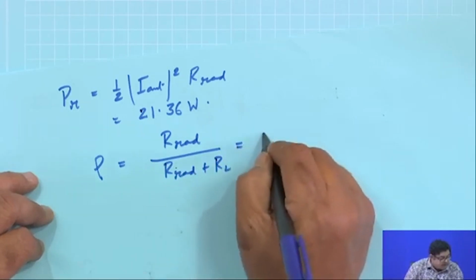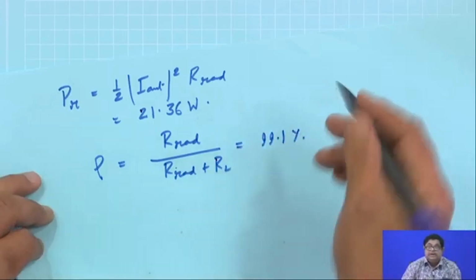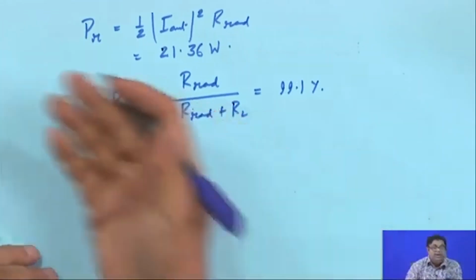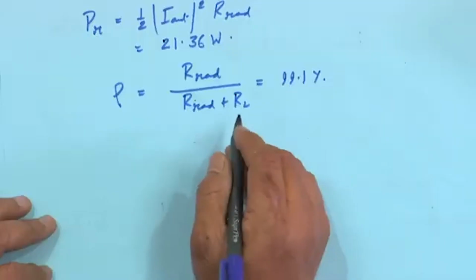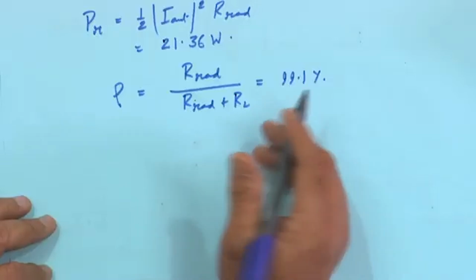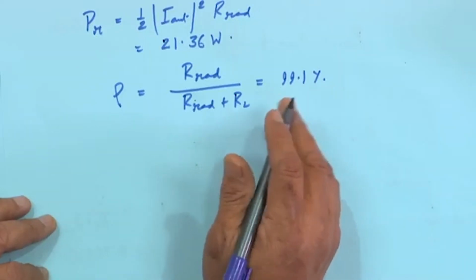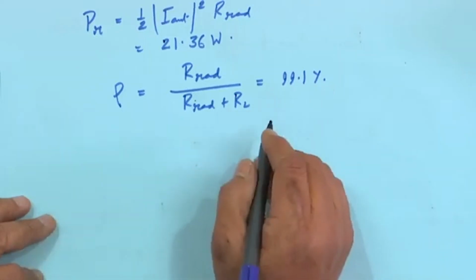So, that will be 99.1%. For a microwave antenna, it is typical, even a dipole, such simple structure, but you see its radiation efficiency is 99%. You can improve this power structure.